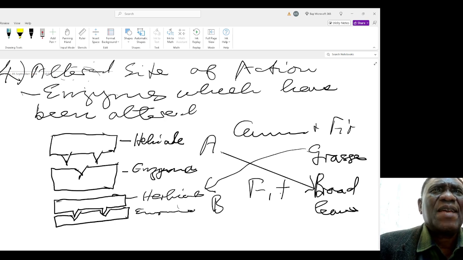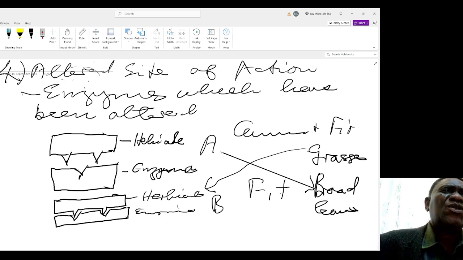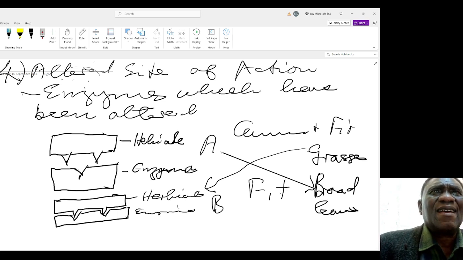We have herbicides which are known as grass killers. These grass killing herbicides form a perfect fit with enzymes within grasses, and they are able to express their mode of action by probably stopping fatty acid production, leading to the death of the grasses.